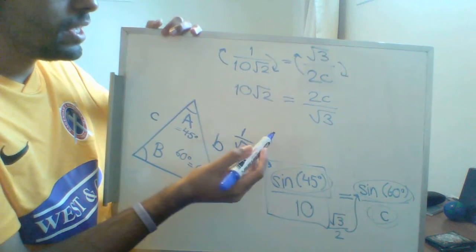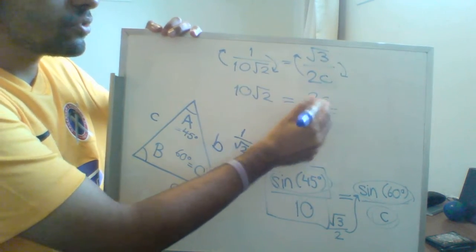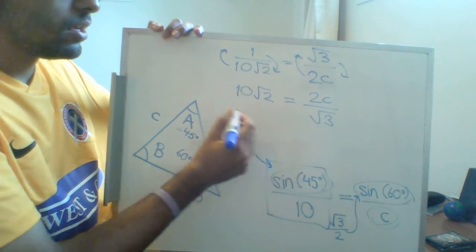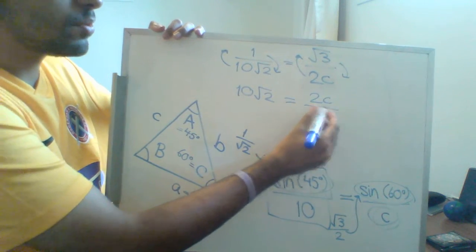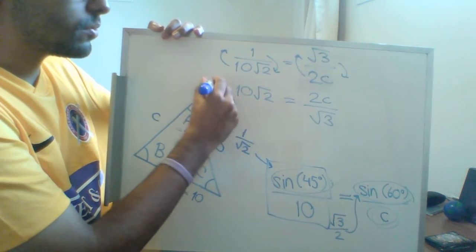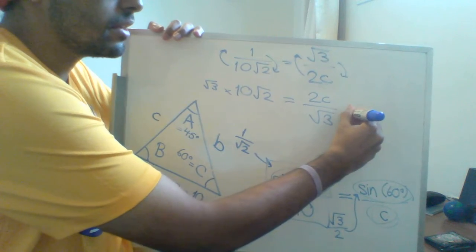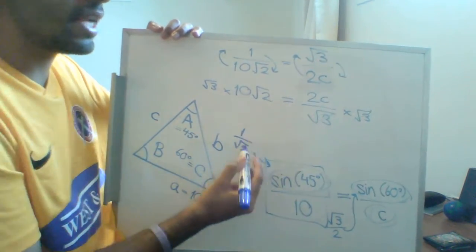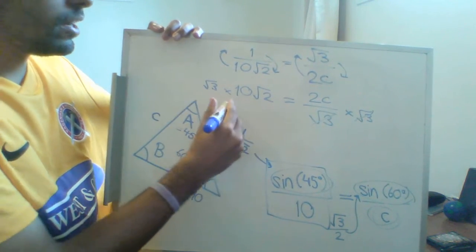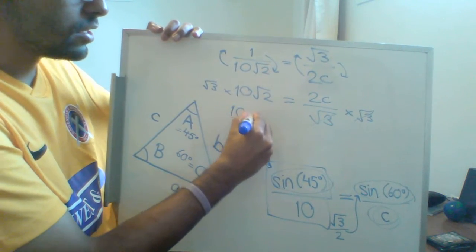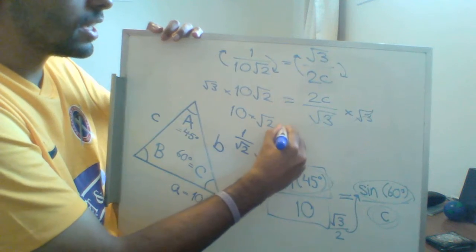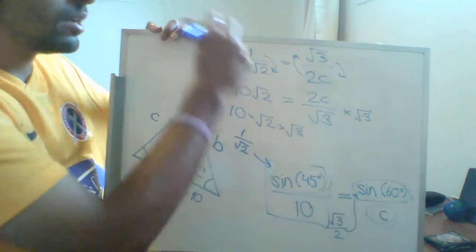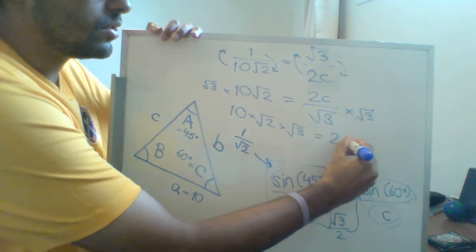Now my next step is, I don't want this 2 and this root 3 here. So I'm going to multiply both sides by the square root of 3, because then those two cancel over here. That leaves me with 10 times root 2 times root 3 equals 2c.